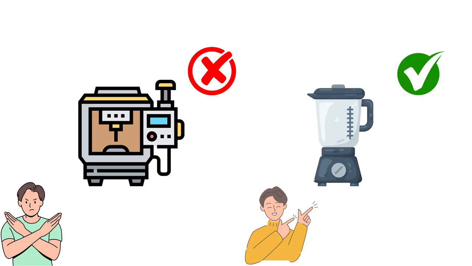In TRIZ, trimming means removing unnecessary or harmful elements while keeping the system functional. In our project, we trim three main things. First, we replace large machines with simple manual tools such as wooden molds and hand press. This makes the process cheaper and suitable for students.